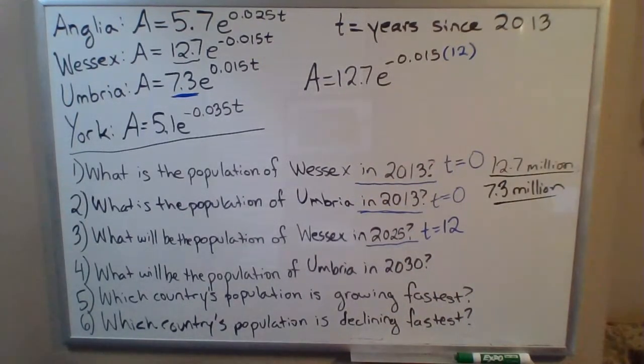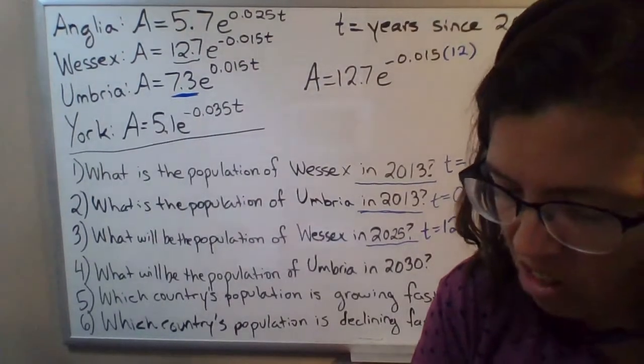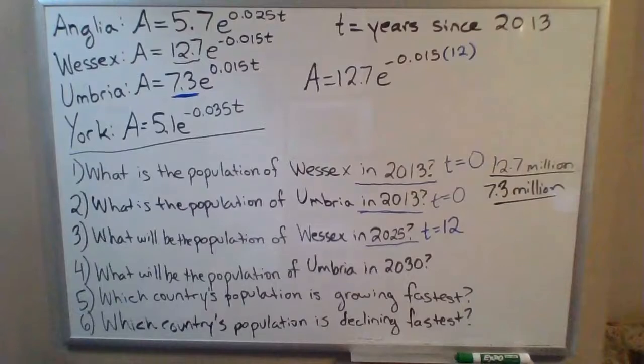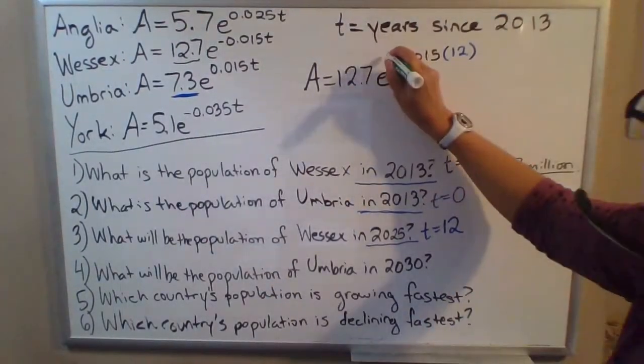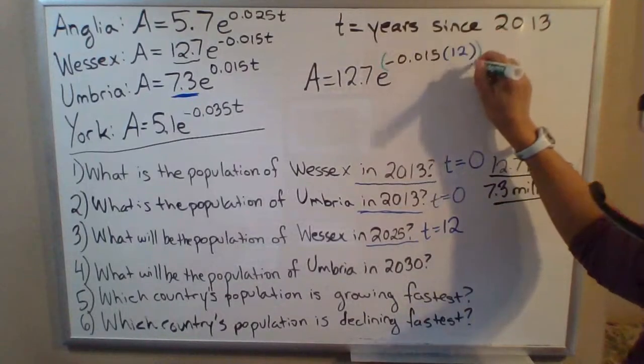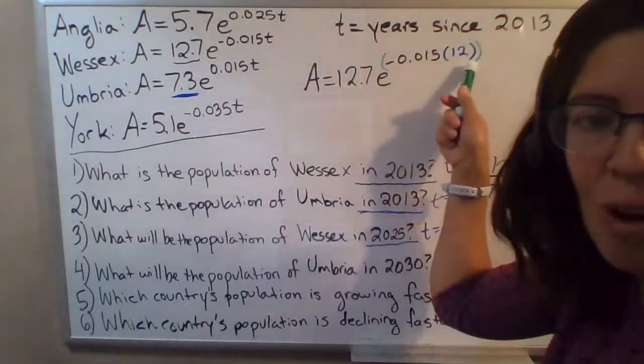So this problem becomes more of a calculator question, because now the key is just inputting this into your calculator correctly. One word of caution when you're doing that: you're going to need parentheses around the exponent.